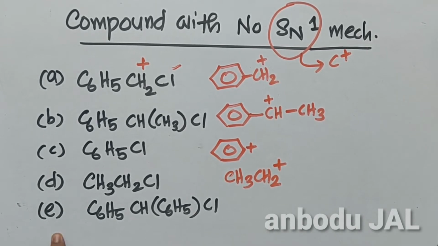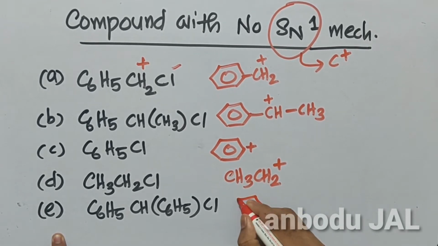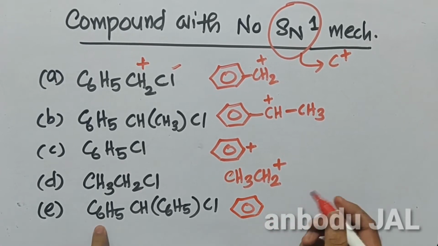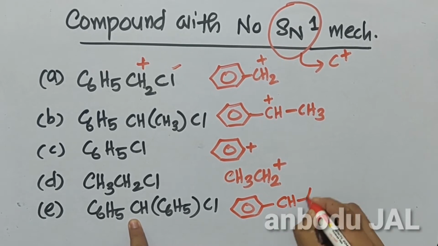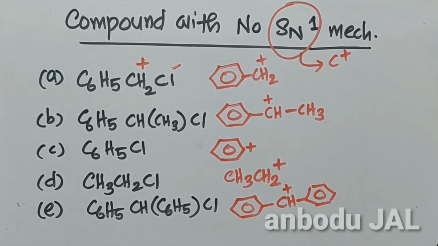In the fifth compound, the carbocation formed is C6H5, that is a benzene ring, then one CH, then once again a benzene ring, and this has the plus charge. We will discuss a detailed video about the stability of carbocations.